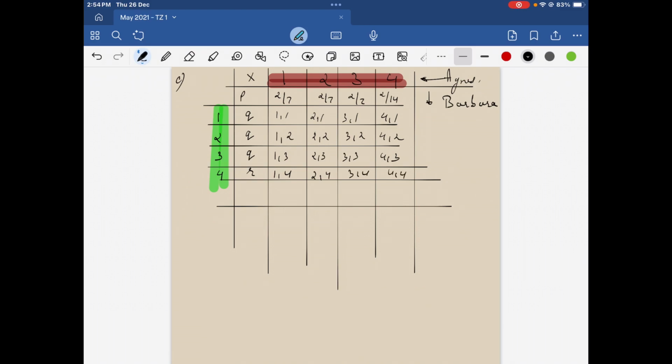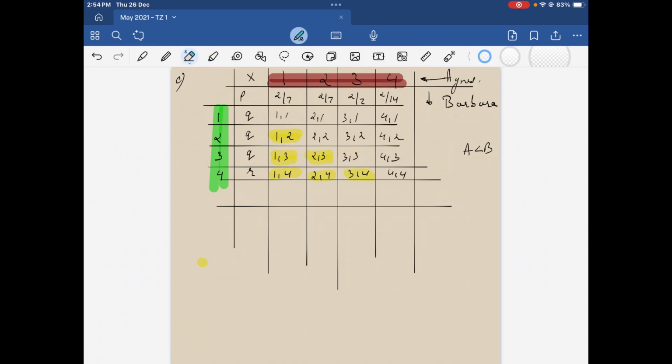Okay. Now these are the possible total outcomes. Out of these, let us highlight those where the score of Agnes is less than the score of Barbara. So I am trying to highlight where the score of Agnes is less than the score of Barbara. As you can see, it is this, here, no, not this, this one and this one.